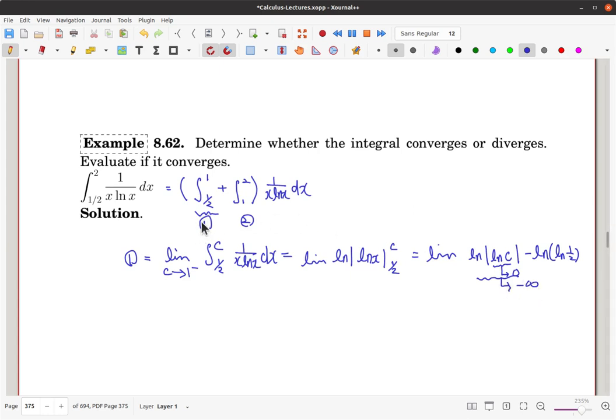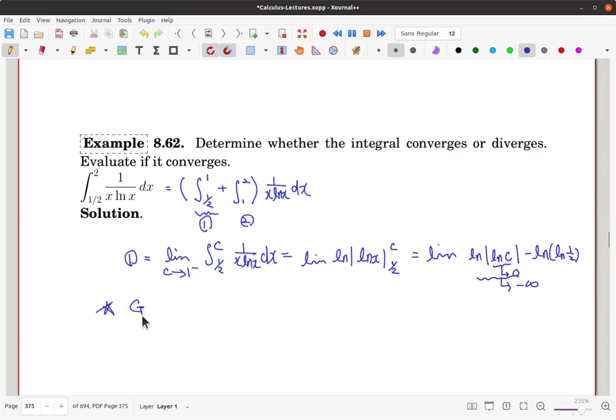So a part is approaching minus infinity, so here the limit doesn't exist. We don't have to get the second part. However, for this problem, if we miss the fact that at 1 this is not defined, it's discontinuous, and you try to get the integral without considering this, then that's the wrong one anyway.